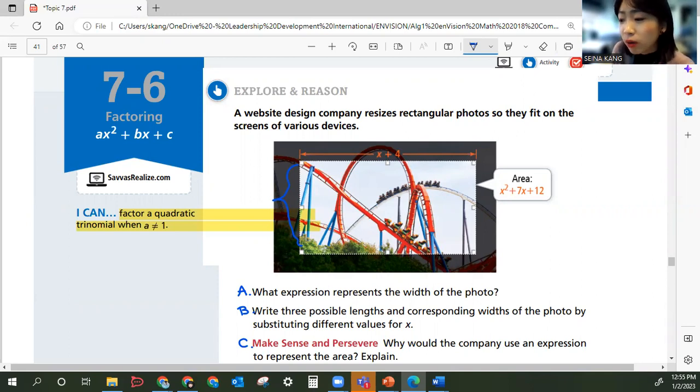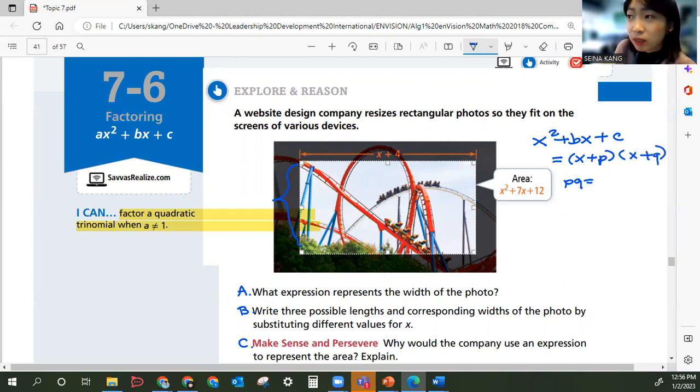If you remember, when you factor a trinomial of the form x² plus bx plus c, where b and c are numerical values, you're going to have a factored form of x plus p times x plus q, where pq is equal to c in your trinomial, and p plus q is equal to b.